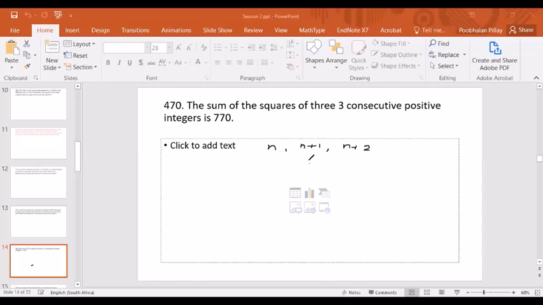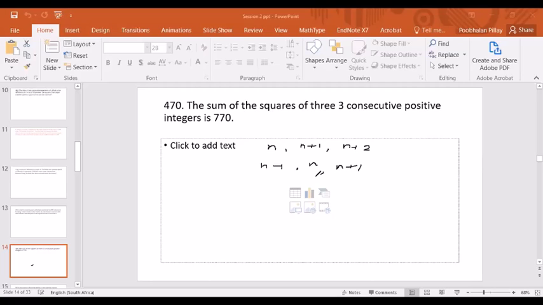Usually it's better to put n in the middle. I like putting n in the middle, and then you have n minus 1, n plus 1. Usually a lot of calculations simplify when you do it like this.